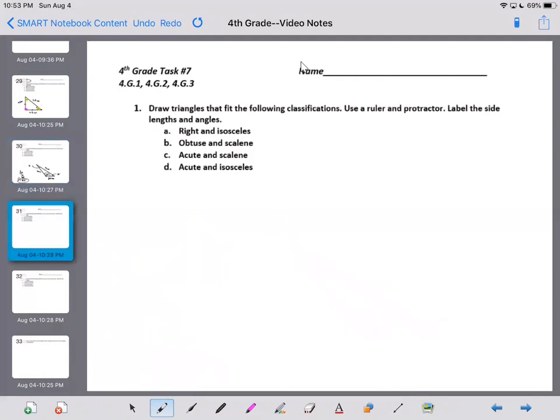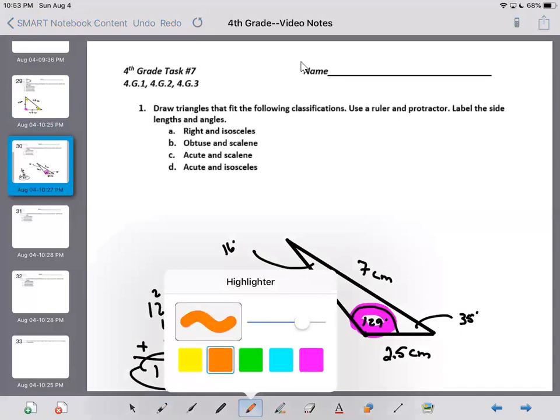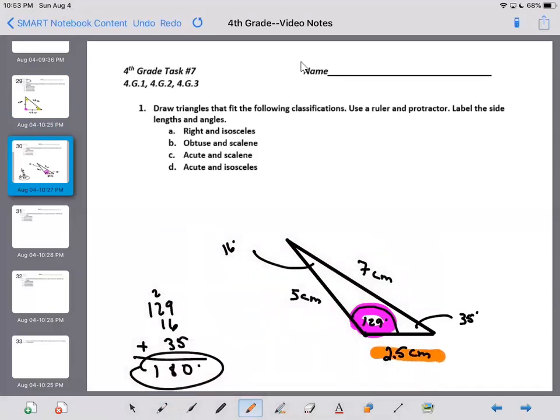The next one, and by the way, let me back up because I don't believe I highlighted this, but this would be your obtuse angle. And why is it scalene? Well, it's scalene because this segment was 2.5, this segment was 7 centimeters, and this segment was 5 centimeters.